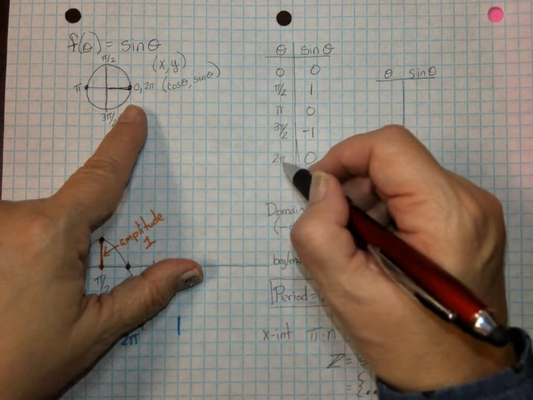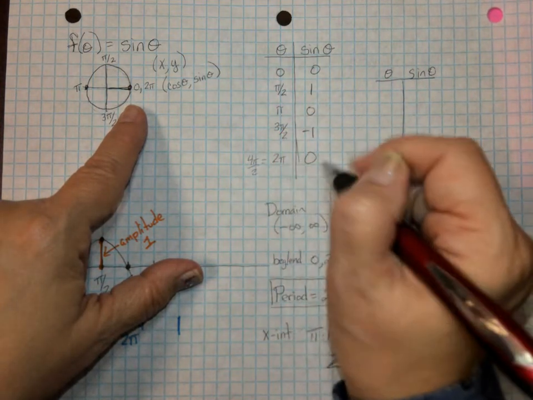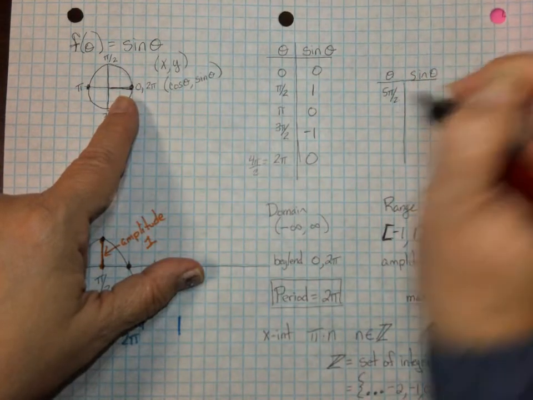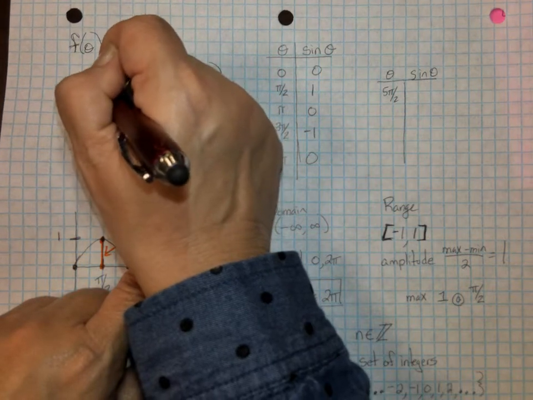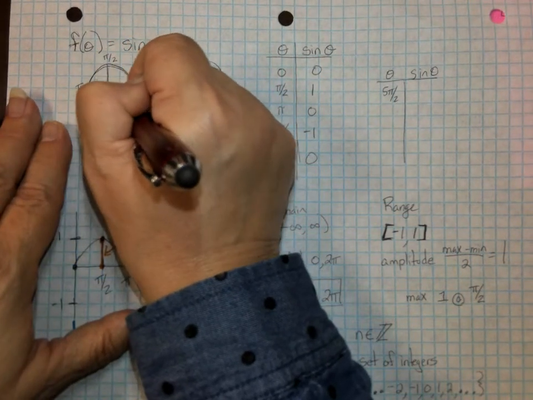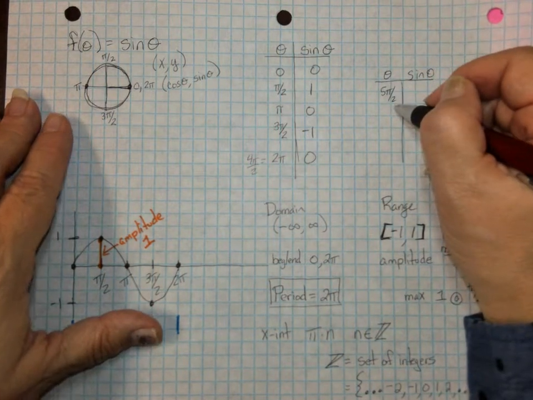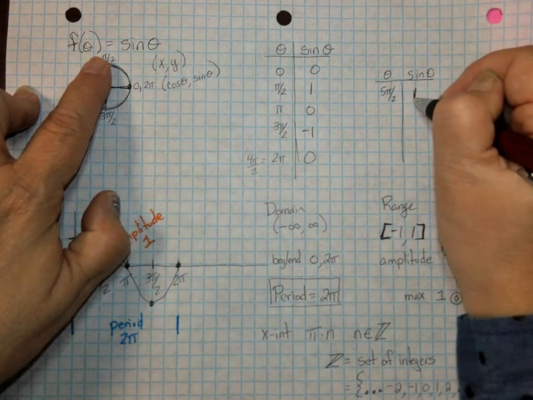This is 2 pi, which is equal to 4 pi over 2. So when I come up here, I'm at 5 pi over 2. Right? So what I'm saying is I went all the way around the circle, plus another pi over 2. I'm at 5 pi over 2. And my sine is going to be 1.